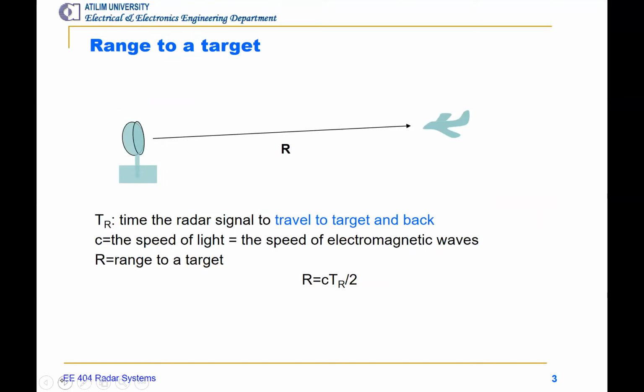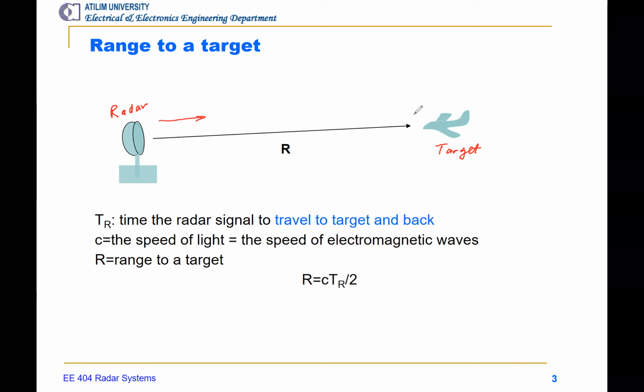Okay, so how to determine range? Here we see simple geometry where we have a radar here and we have a target. An electromagnetic wave is transmitted from the radar.